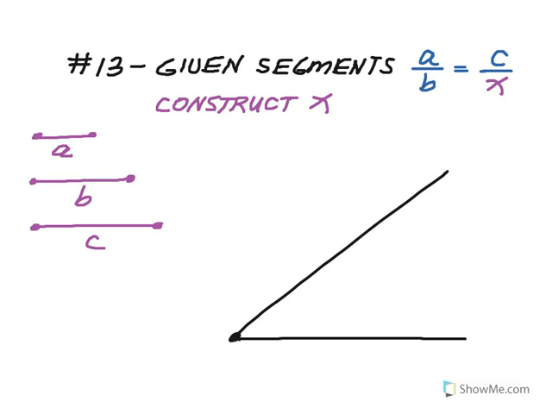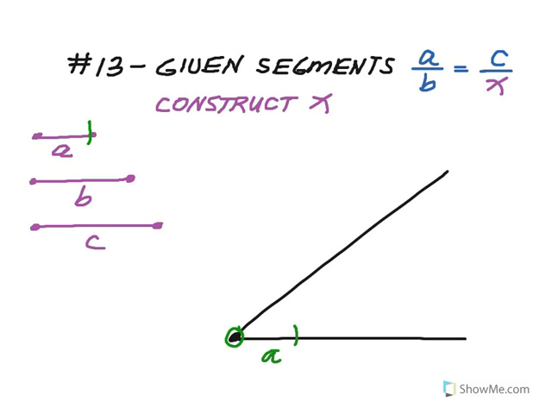So first we just draw a big angle, and we measure the length of segment A. We put our compass tip on the vertex of the angle and copy segment A's length.